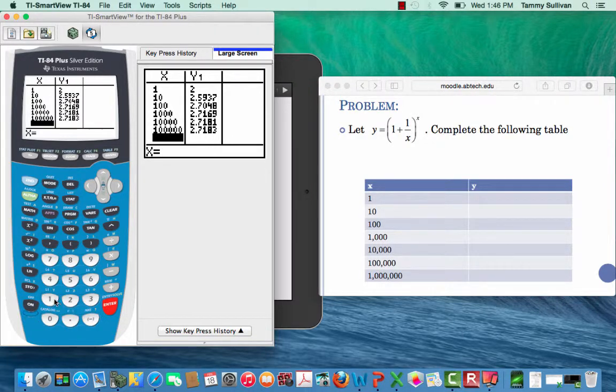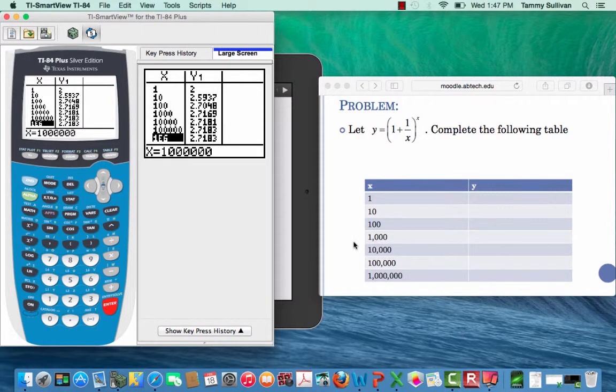And then finally 1,000,000. And it looks like the bigger x gets, the y output values are going to like 2.7183.